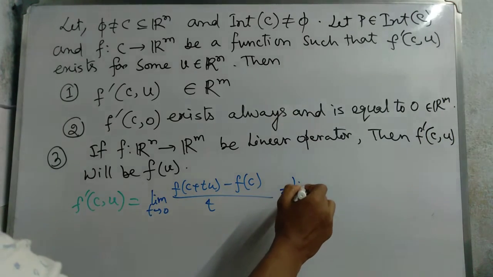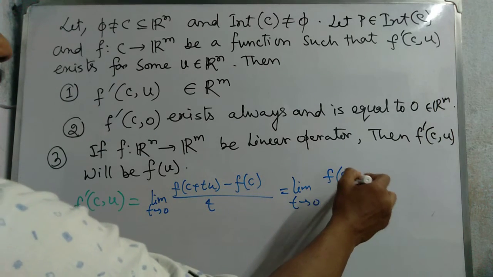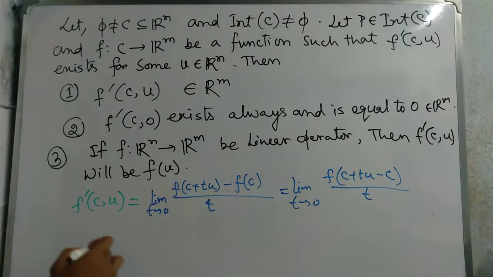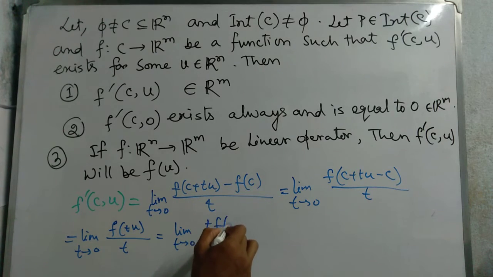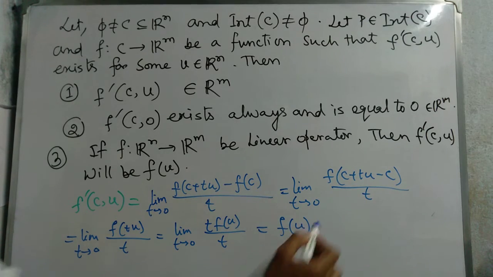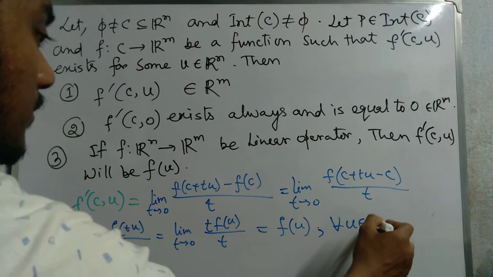Then this equals limit t tending to 0 of f(c plus tu) minus f(c) by t. This equals limit t tending to 0 of f(tu) divided by t. This equals limit t tending to 0 of t f(u) by t, equal to f(u), for all u belonging to Rn.